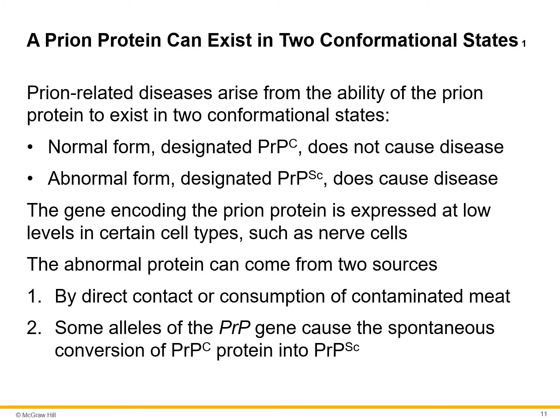And prions are a protein that can exist in 2 different conformations. The normal one does not cause the disease. The abnormal form can cause, let's say, mad cow disease. And certain cells have low levels of this prion protein.